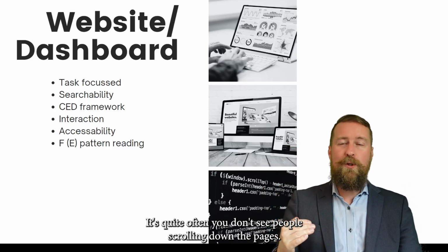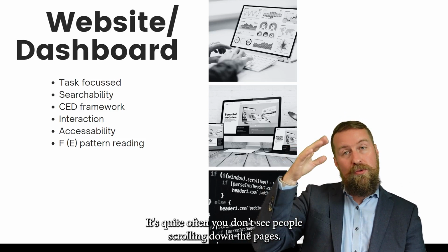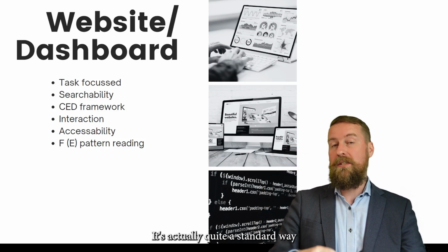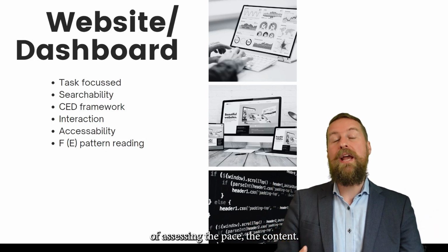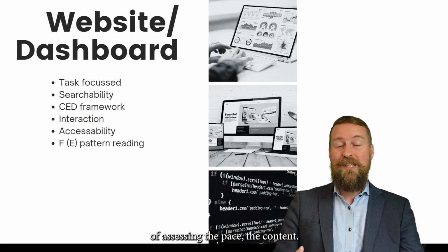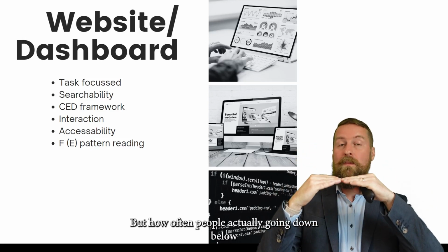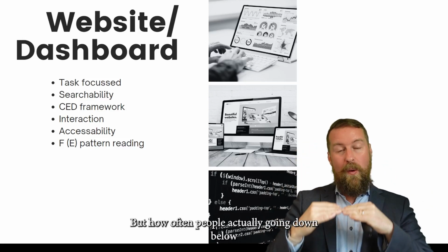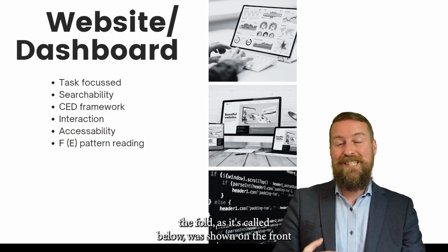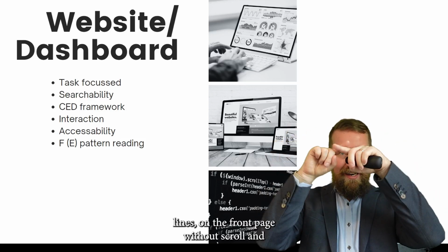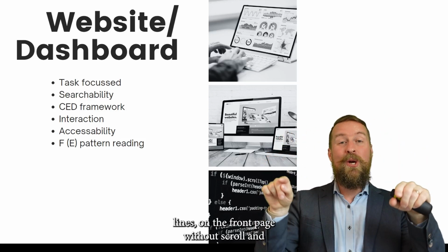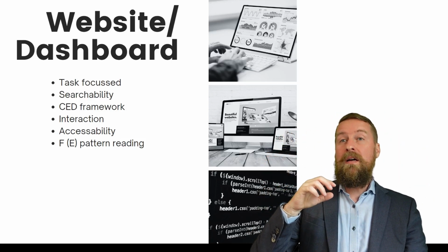Quite often you don't see people scrolling down the pages. It's actually quite a standard way of assessing page content, how often are people actually going down below the fold, as it's called, below what's shown on the front page without scrolling.